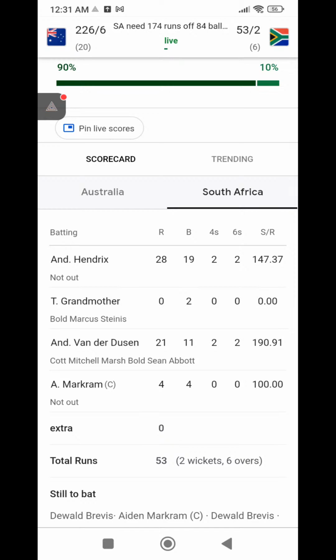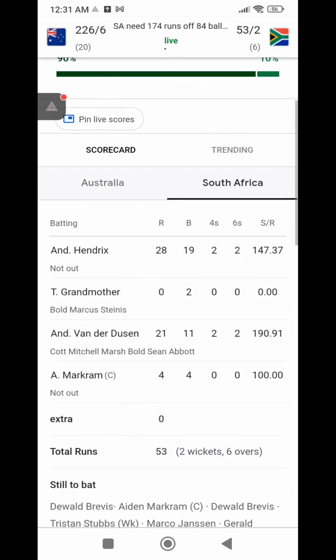Markram, Aiden Markram, captain, not out, 4 of 4, 100 is the strike rate. 53 for the loss of 2 wickets in 6 overs.